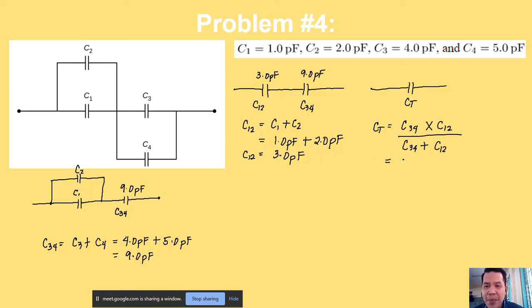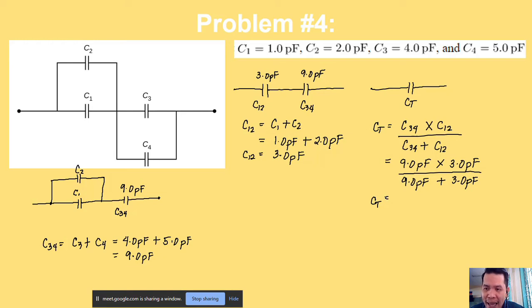Substitution po tayo, C sub 34, that's 9.0 picofarad, times C sub 1, 2, that's 3.0 picofarad, divided by C sub 34, 9.0 picofarad, plus C sub 1, 2, 3.0 picofarad. Lahat po sila naka-picofarad, so okay lang po na hindi nyo siya isali yung ating picofarad sa calculation. Pero you have to include picofarad po later sa ating final answer.